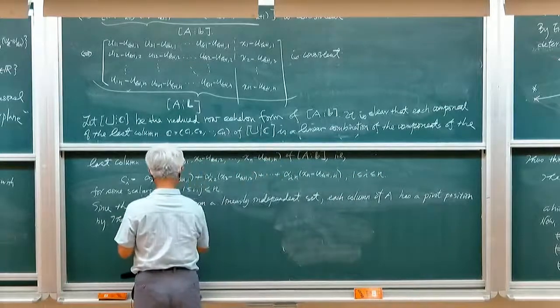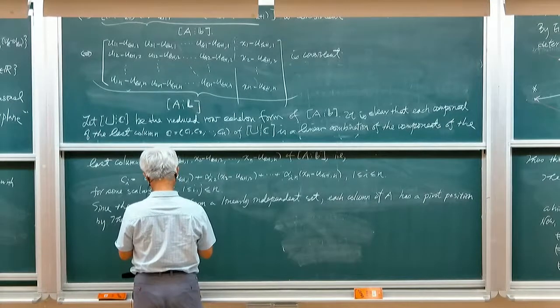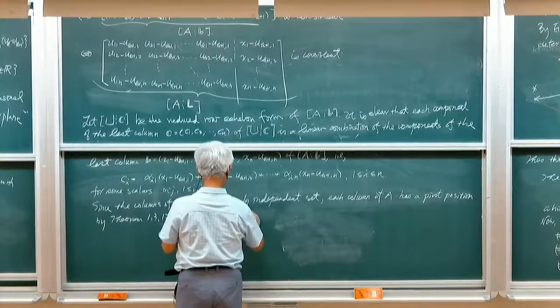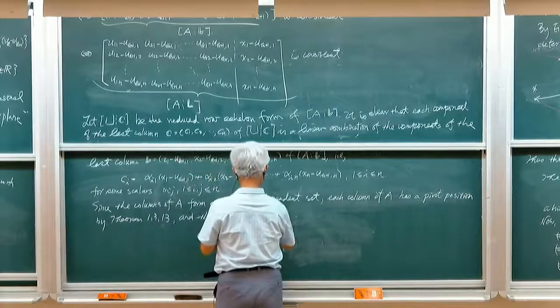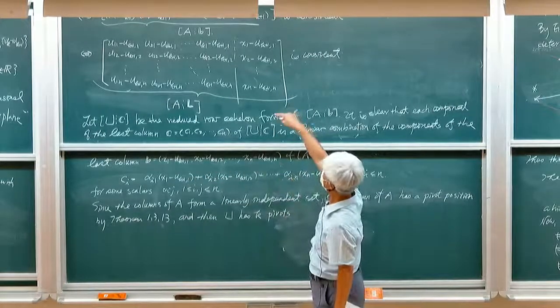Okay, and then U has k pivots because we have k columns.